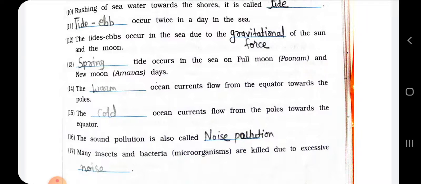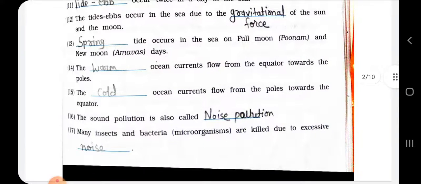Spring tide occurs in the sea on full moon, Poonam, and new moon, Amavas, days. The warm ocean currents flow from the equator towards the poles. The cold ocean currents flow from the poles towards the equator.